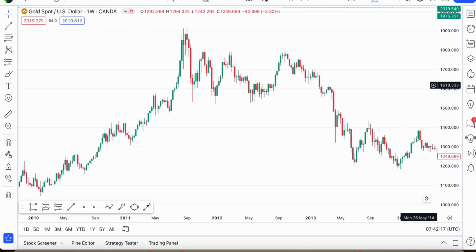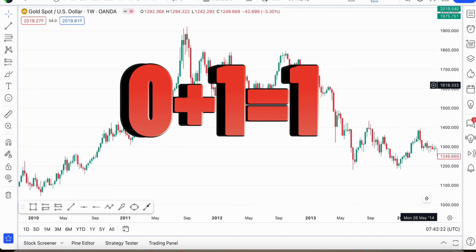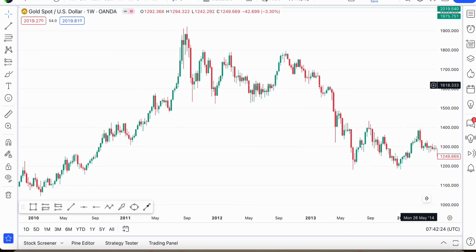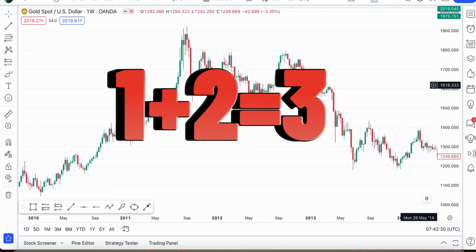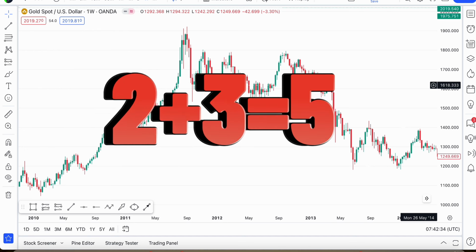For example, if you start with 0 and 1, 0 plus 1 will be 1, which means the next number is 1. If you do 1 plus 1, it will give you a 2. If you do 1 plus 2, it's giving you a 3. If you do 2 plus 3, it's giving you a 5, and so on.